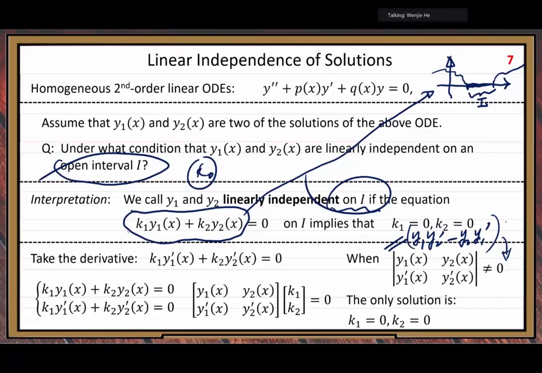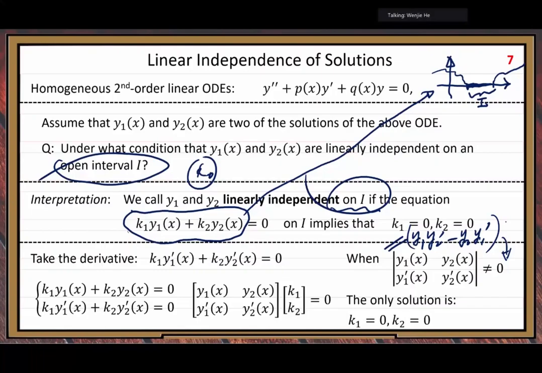So you can see this determinant is important. It has a name: the Wronskian.